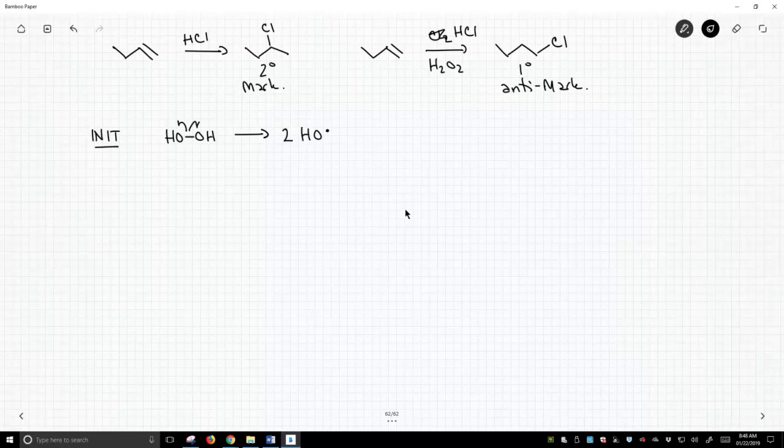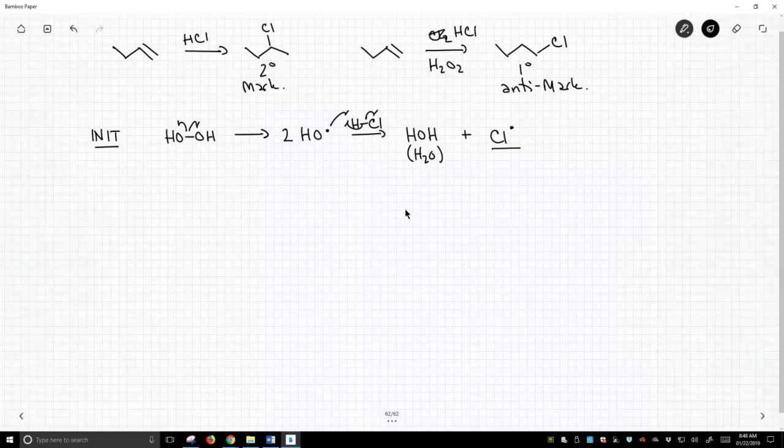And actually, in the presence of HCl, these hydroxyl radicals react with HCl, and they will form HOH, you might know it as water, plus a chlorine radical.